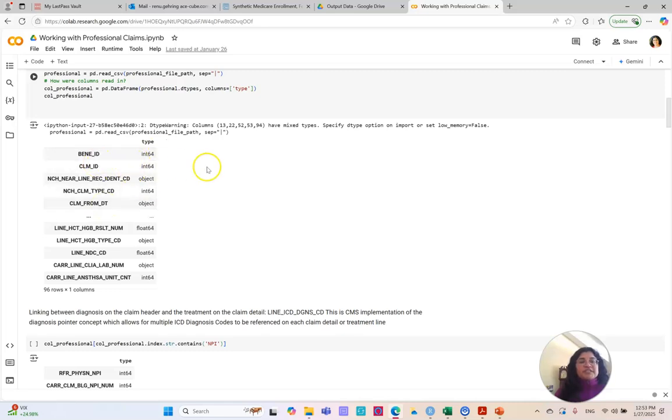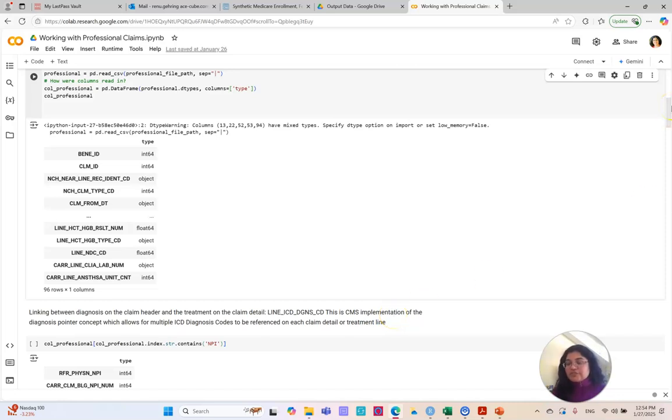And when I peruse this file, I was able to see that the way that diagnosis on the claim header and the treatment on the claim detail was linked to each other was the line ICD diagnosis code. And this is the way that the CMS implemented the idea of the diagnosis pointer concept.